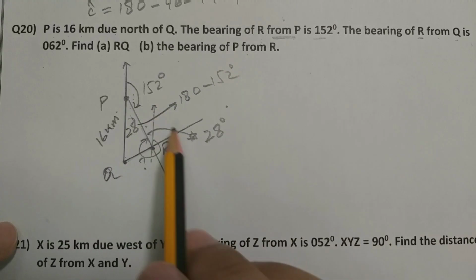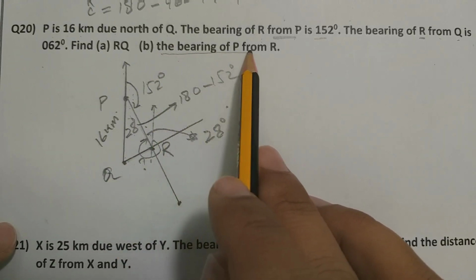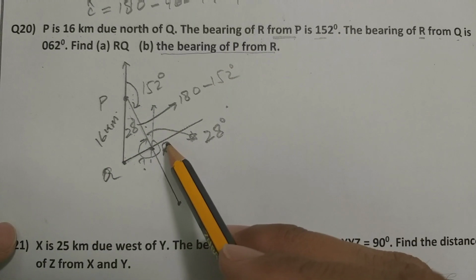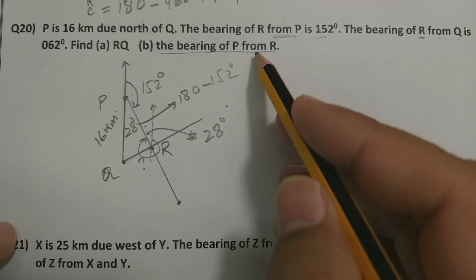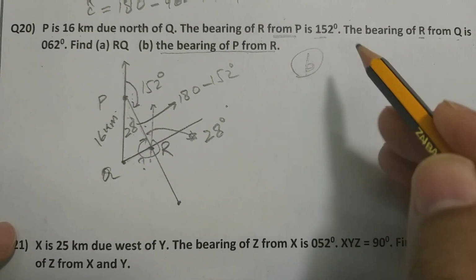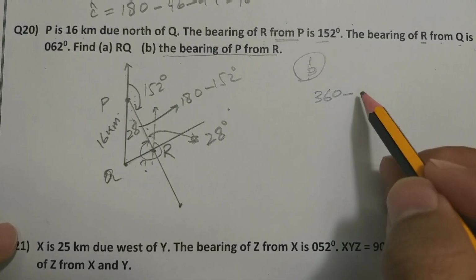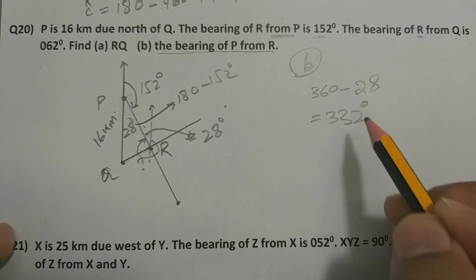The bearing of P from R. First we find this angle, P from R. So this is R point 28. So the second part, which is equal to P from R, is 360 minus 28, which is equal to 332 degrees.